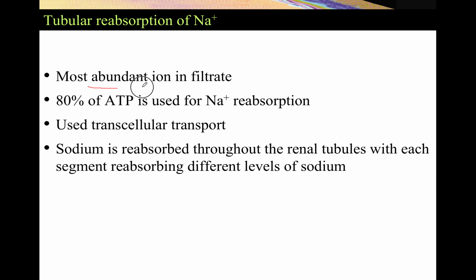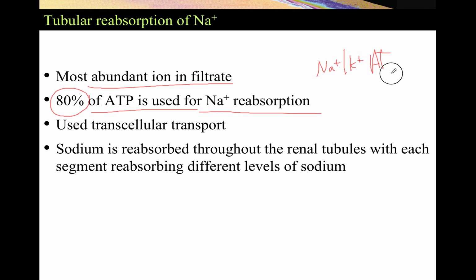It is the most abundant one in the filtrate, and about 80% of the ATP that's used in the kidneys, or more specifically in the nephron, is for sodium reabsorption. If you remember the sodium potassium ATPase, three sodium goes out while you move two potassium in.